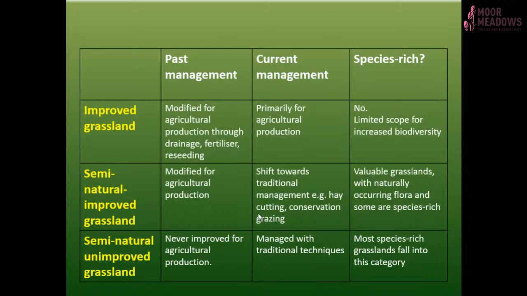Down in the bottom are semi-natural unimproved grasslands. They've never been improved for agricultural production. They've been managed with traditional techniques and they are amongst the most species-rich grasslands that fall within the category of species-rich grasslands. They are really the jewels in our landscape for biodiversity.